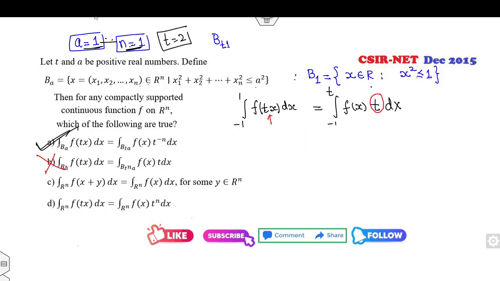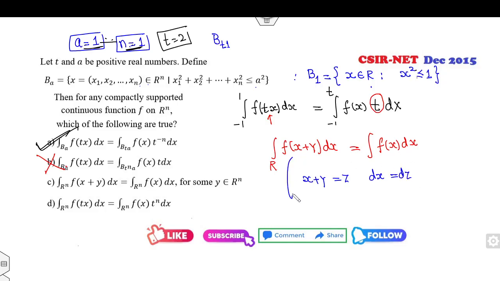Look at the third option. Collection of R n, n is my 1. So collection of only R, f of x plus y dx. Does it equal the integral of f of x into dx? Yes, definitely. If you consider x plus y is my z, what will happen? dx is my dz.